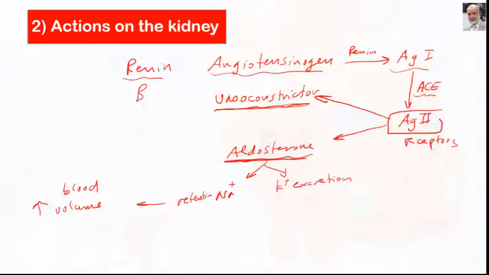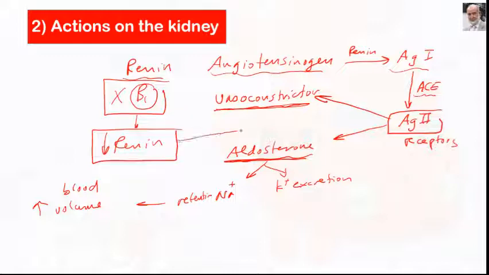Renin is under the effect of beta-1 regulation. Stimulation of beta-1 receptors will stimulate the release of renin from the kidney. Therefore, by blocking beta-1 receptors, we will block the release of renin, and in turn will prevent the synthesis of angiotensin 2. If we prevent the synthesis of angiotensin 2, we will prevent its vasoconstriction effect and its increase of blood volume.